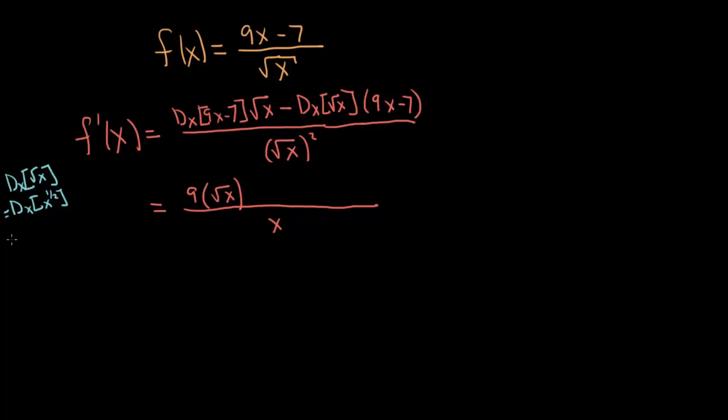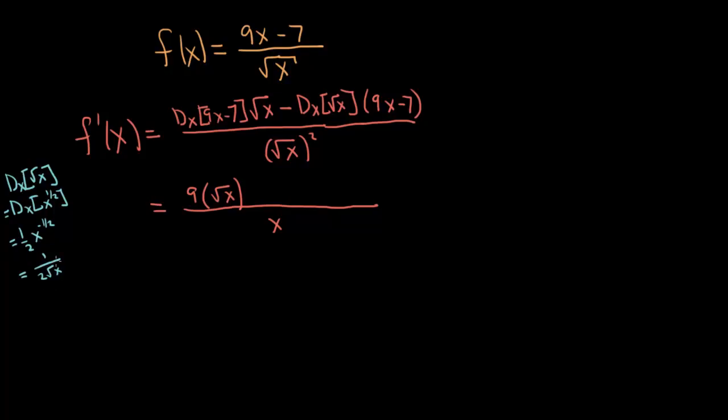So this is equal to 1/2 times x to the negative 1/2 power, otherwise known as 1 over 2 square roots of x. These two are equivalent. They're both the derivative.